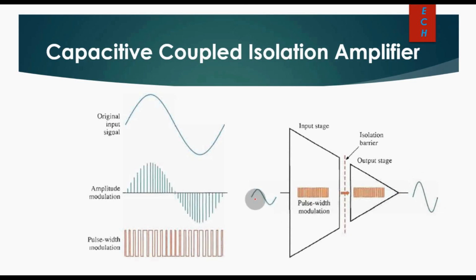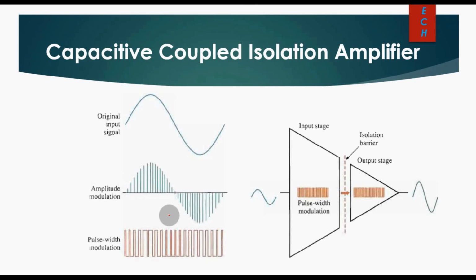So here you can see a small signal is coming, and here you can see an amplified signal is coming, right? So this is your original input signal. Then it goes to the modulation process, that is amplitude modulation, and it has some discrete time variant signal here. And then we have a pulse width modulation to convert the original signal into a pulse width modulation.